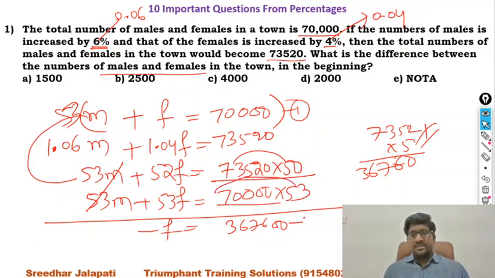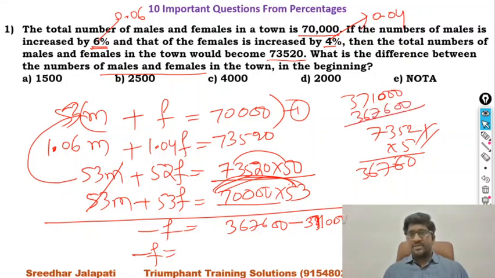53 into 7 is 371, that is 3,71,000. So therefore minus F is equal to 3,71,000 minus 3,67,600.